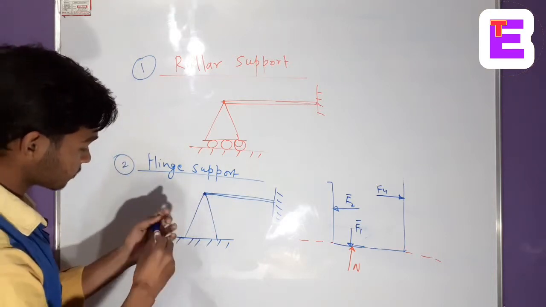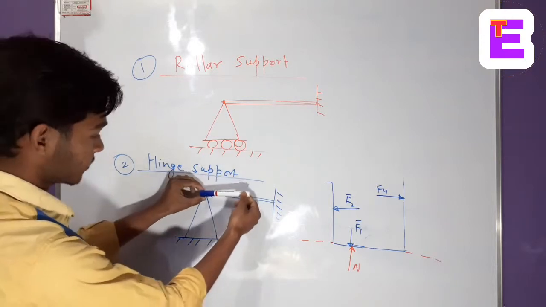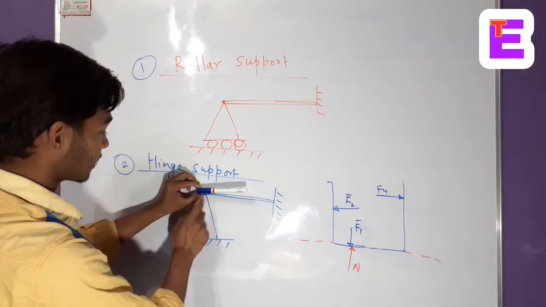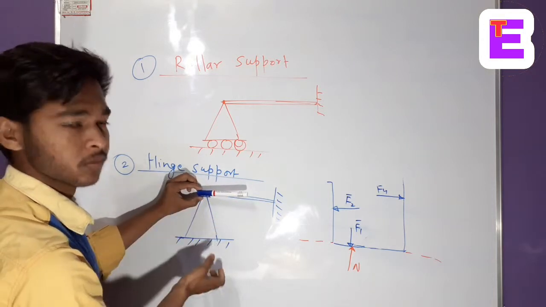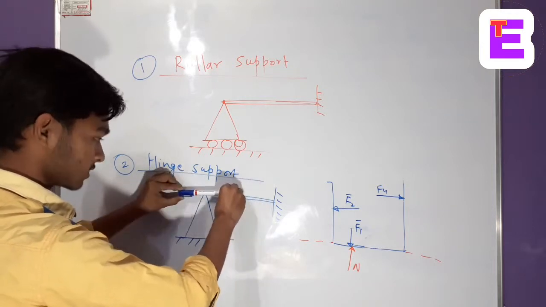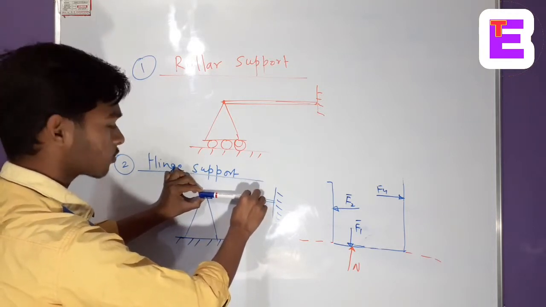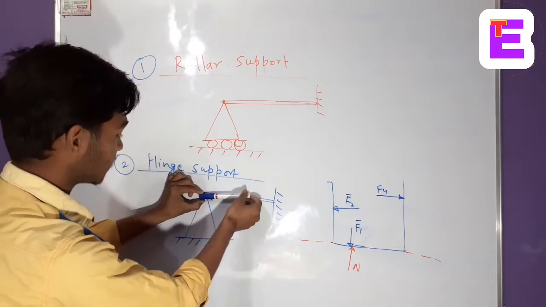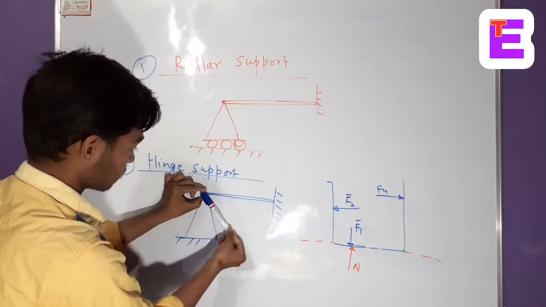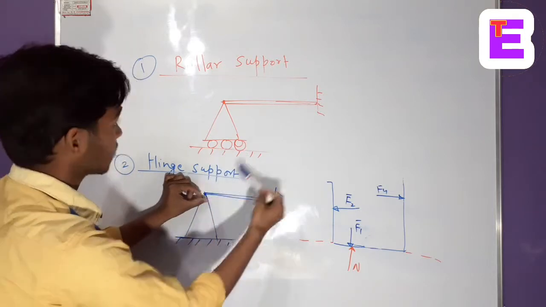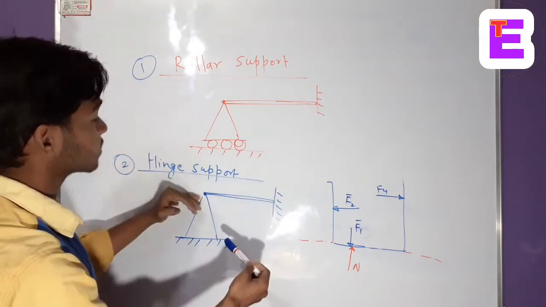Say we have this beam, and it is connected to a hinge support. It cannot move in the x direction, and it cannot move in the y direction; it can only rotate about this point. So this is the hinge support, and that is the difference between roller support and hinge support.